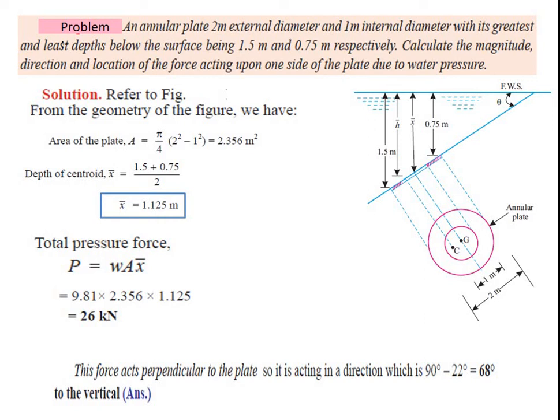The total pressure force P can be given as w into A into x bar, that is 26 kilonewton. This force acts perpendicular to the plate, so it is acting in a direction which is 90 degree minus 22 degree, that is 68 degree.